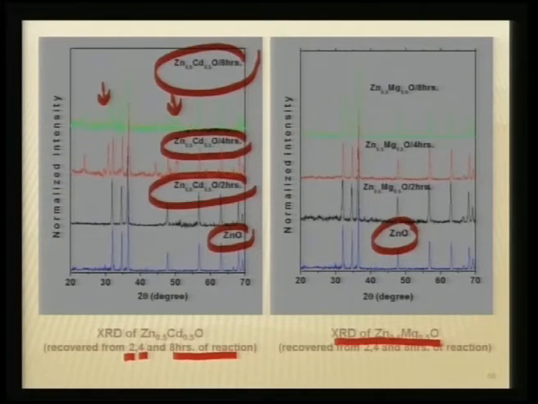So in one case, magnesium hydroxide just remains as an amorphous phase, just coating the zinc oxide rods and killing the PL effect, whereas in the case of cadmium hydroxide, with the same exposure to polyol, you see cadmium hydroxide coming out as a secondary phase which has its own nucleation process. So these are both kinetically controlled as well as thermodynamically controlled.